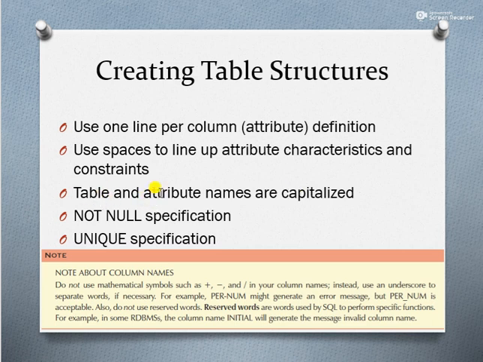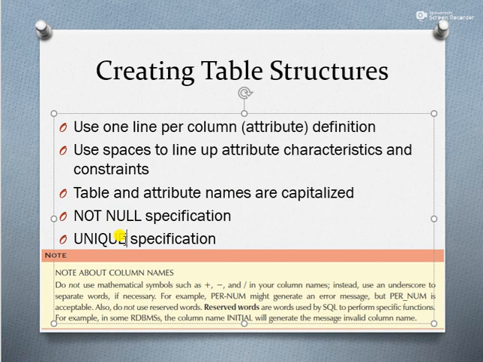The NOT NULL specification and UNIQUE specification are related to the constraints that you can add for any attribute. If you don't want a user to leave that attribute empty, then you can add the NOT NULL constraint. And if you want it to be unique, then you can add this UNIQUE specification.